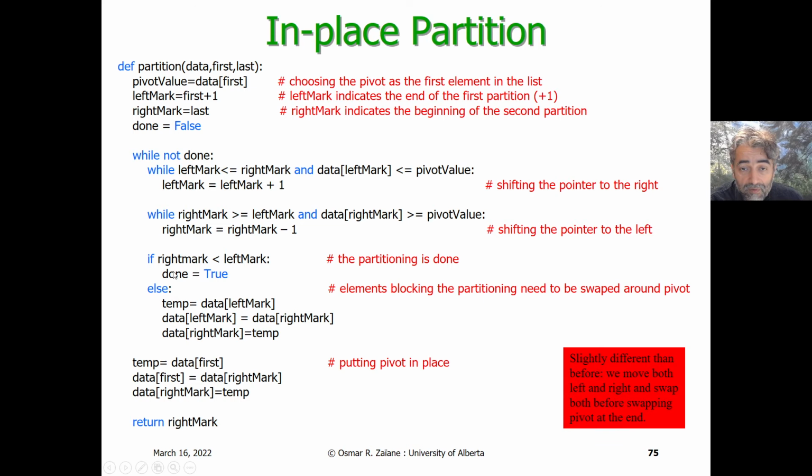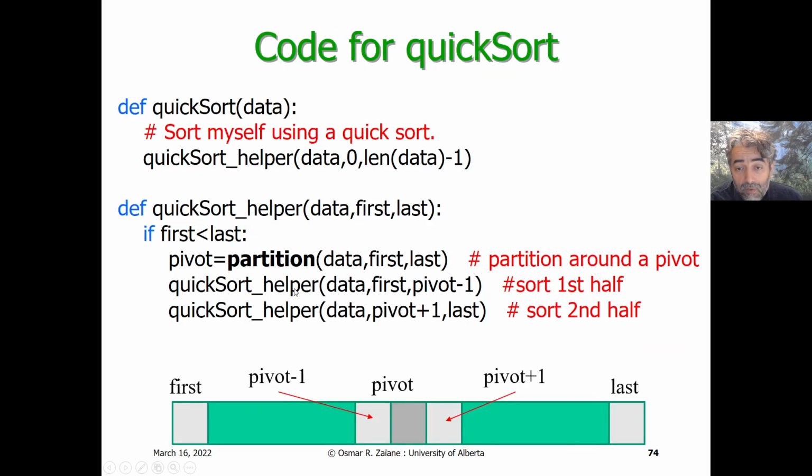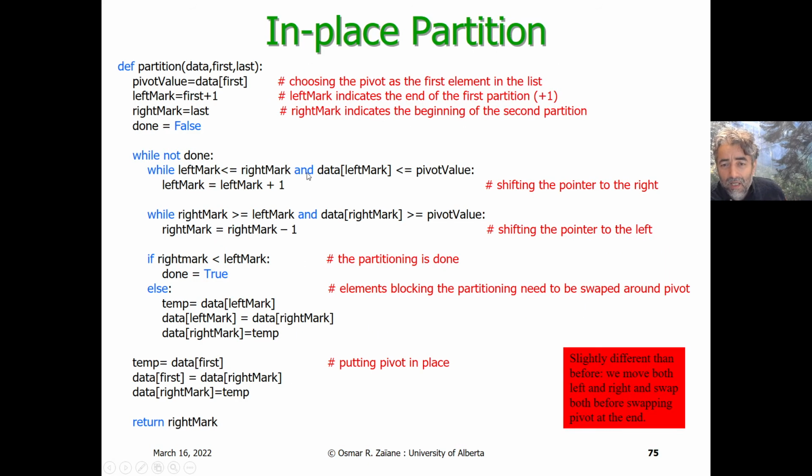Notice that this algorithm in Python, I could have put it right here, but it would complicate the QuickSort too much, and that's why it's better to just assume I have a function, I call it, and then I write that function.